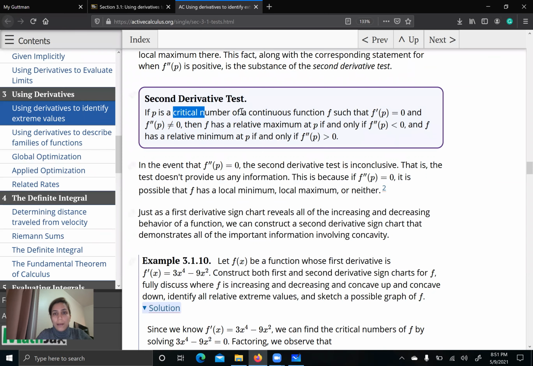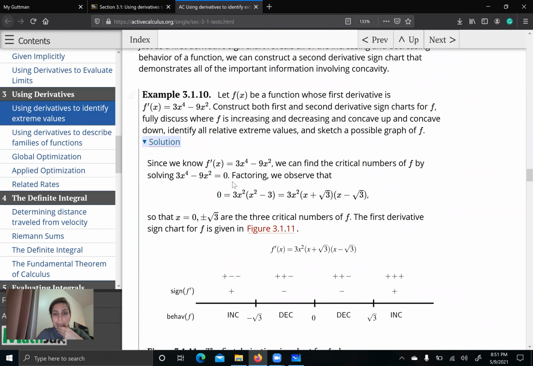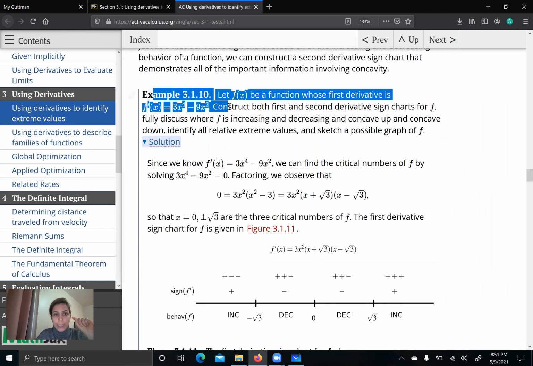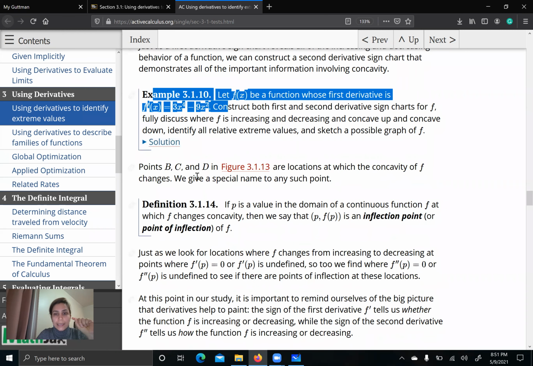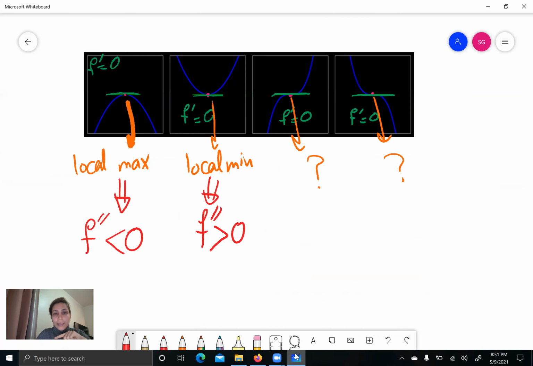So it says, you have a critical point, the derivative at that critical point is 0, the second derivative is not 0, but it is negative, so it's a local max. Second derivative is positive, so it's a local min. Okay, so I think the textbook wants me to first show you an example of this case, and after that, I'm going to get to the last two cases. So first let's see an example of this.